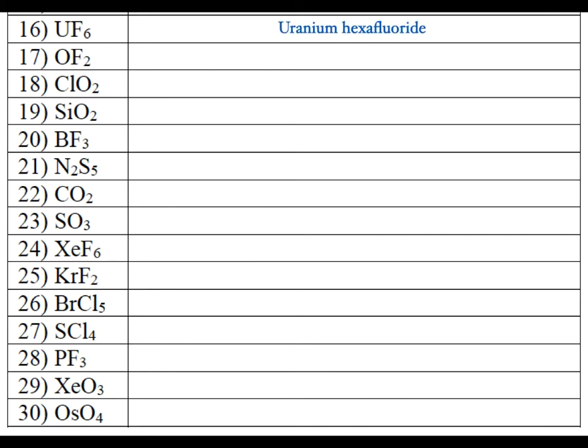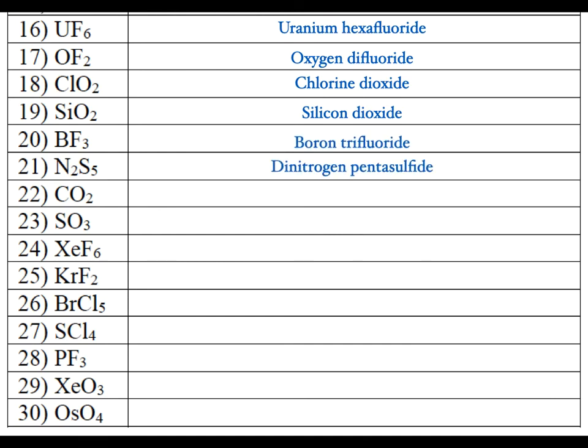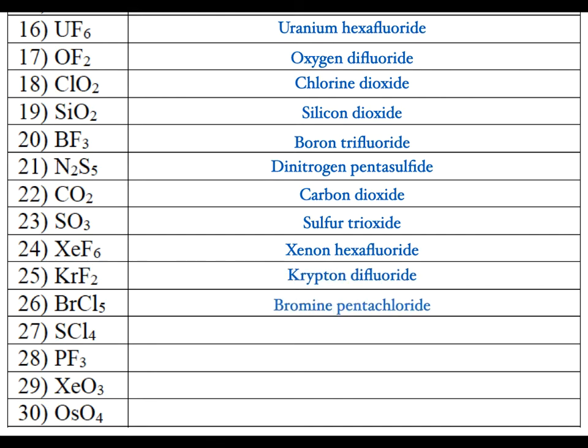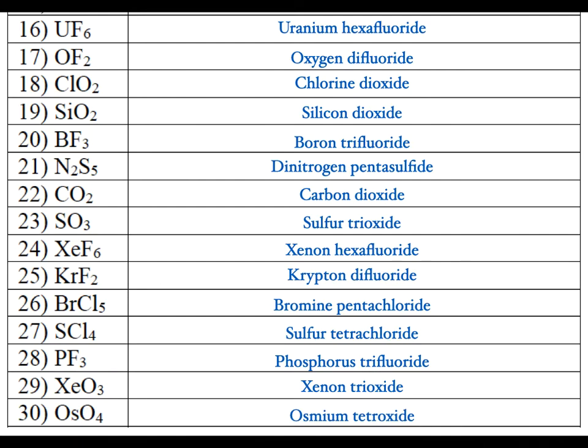Uranium hexafluoride, oxygen difluoride, chlorine dioxide, silicon dioxide, boron trifluoride, dinitrogen pentasulfide, carbon dioxide, sulfur trioxide, xenon hexafluoride, krypton difluoride, bromine pentachloride, sulfur tetrachloride, phosphorus trichloride, xenon trioxide, and osmium tetroxide.